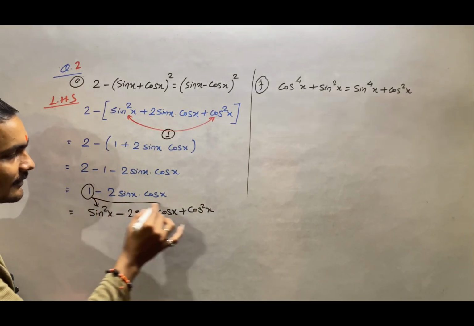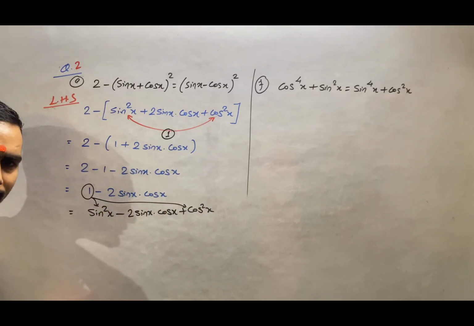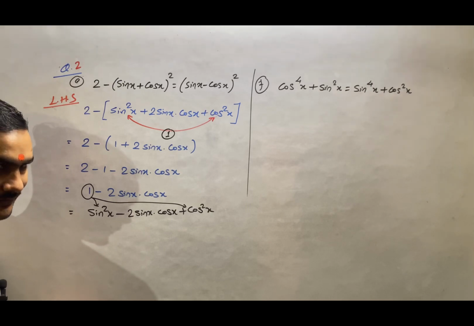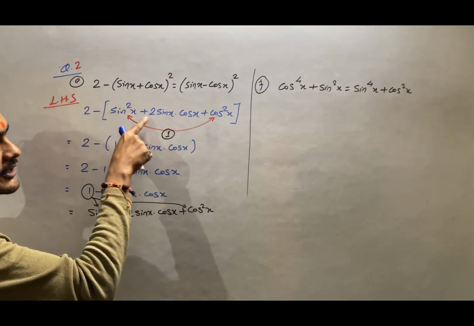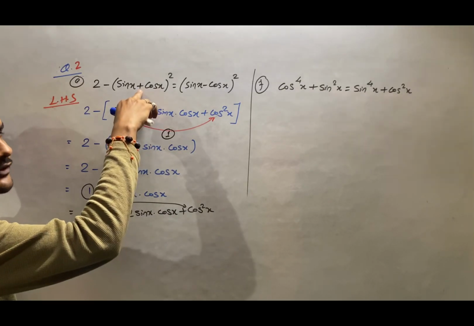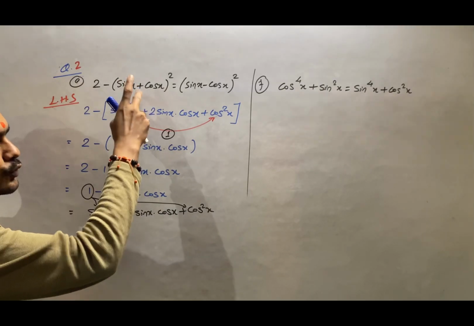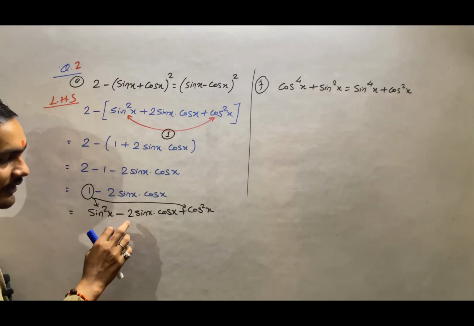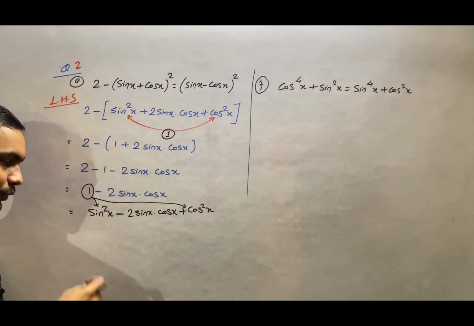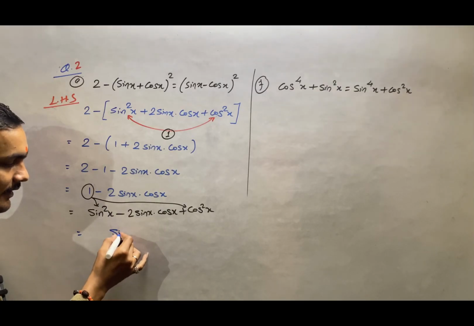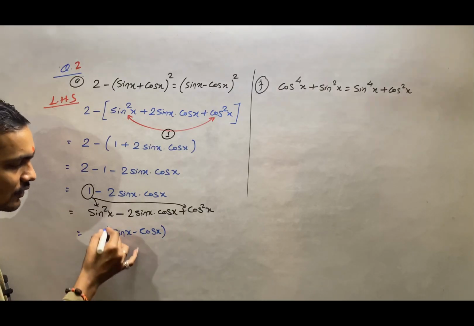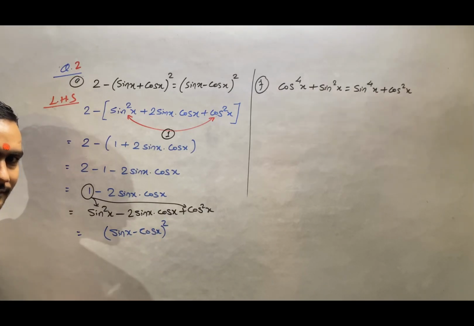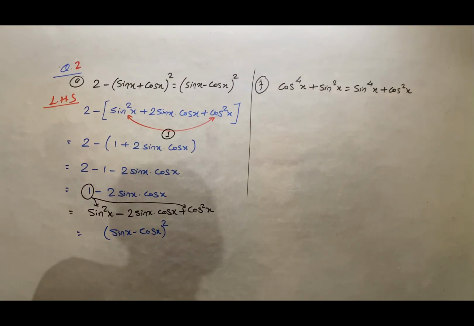This one we can write in these two forms. Right. So now if we can look the entire thing while we expand this, here we have positive because here we have plus sign in between. So that's why we have 2 times of AB. Here we have negative 2 times of AB. So we can say this is sine of x negative cos of x the whole square. This is our RHS.